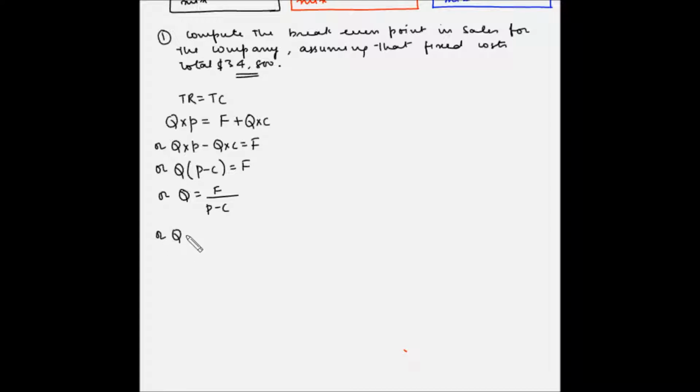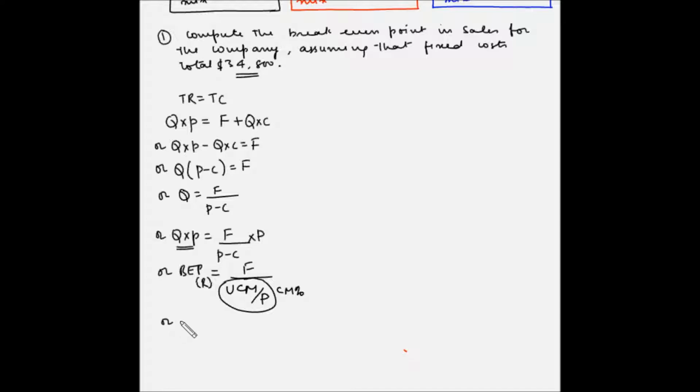So Q multiplied by P is equal to, now if we multiply P on the left hand side, we have to multiply the right hand side also with P. So F divided by P minus C multiplied by P, or now this is the break-even point in terms of revenue, which is equal to F. Now P minus C is the contribution margin, or I would say the unit contribution margin, and this P can be brought down, and if we bring it down, it will be UCM divided by P, and this is also known as the contribution margin ratio, or the contribution margin percent.